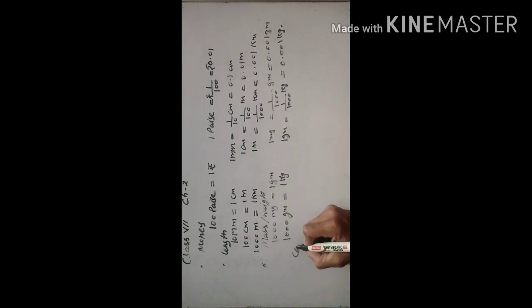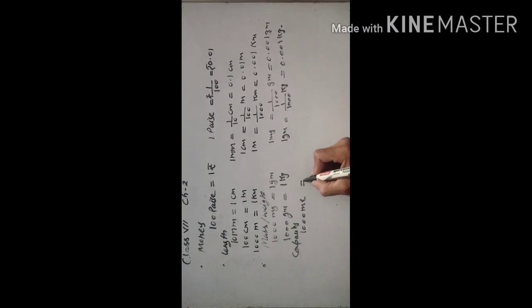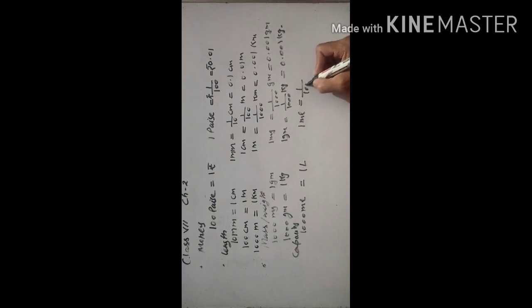Now capacity, like volume. 1000 milliliters is equal to 1 liter, and 1 milliliter is equal to 1 by 1000 liter, that is 0.001 liter. 1000 liters is equal to 1 kiloliter, and 1 liter is equal to 1 by 1000 kiloliter, that is 0.001 kiloliter.